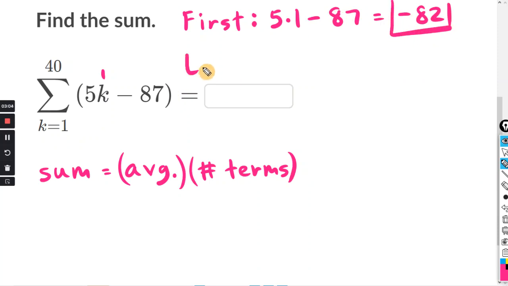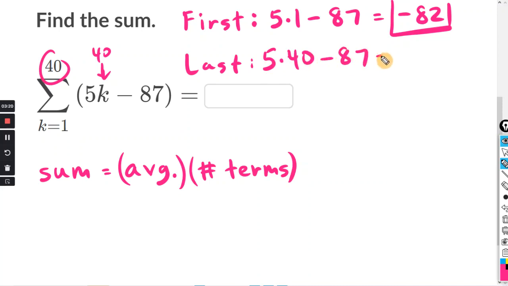And for the last term, you're plugging in 40 in place of k. So it's going to be 5 times 40 minus 87. And that is 200 minus 87, that's 113.